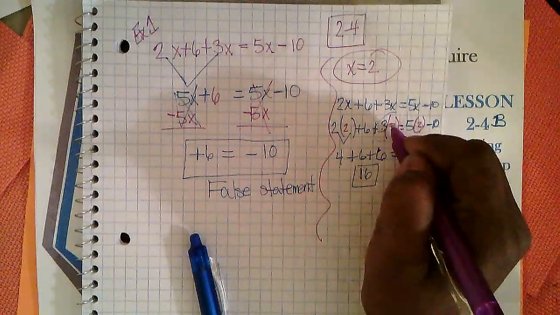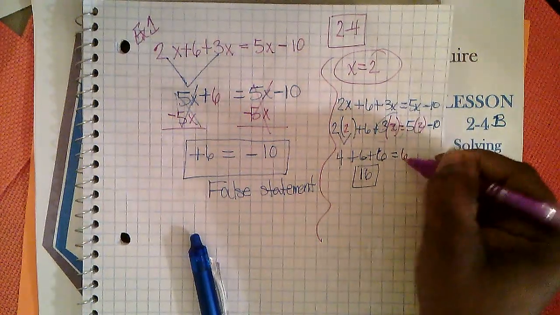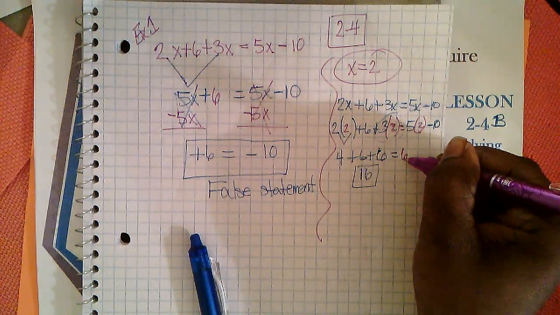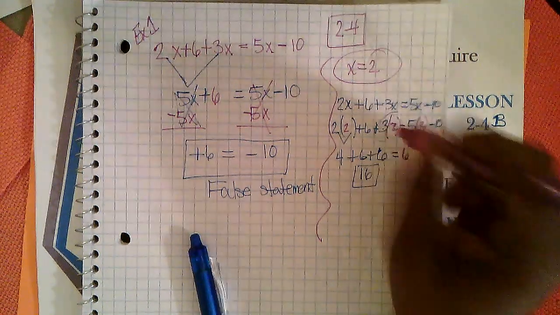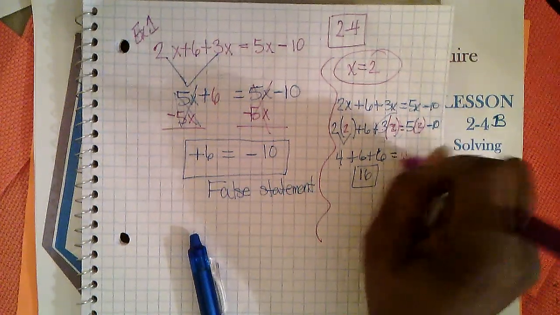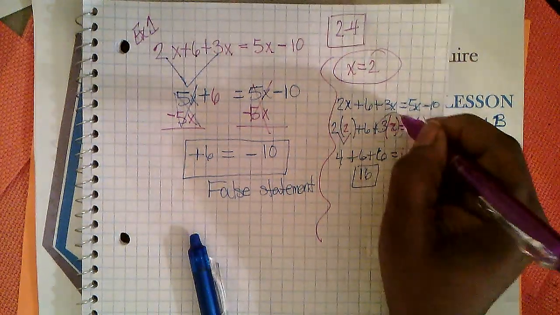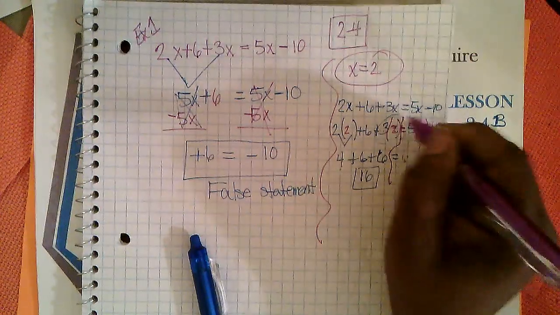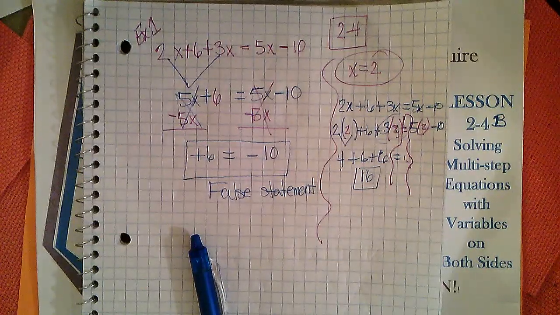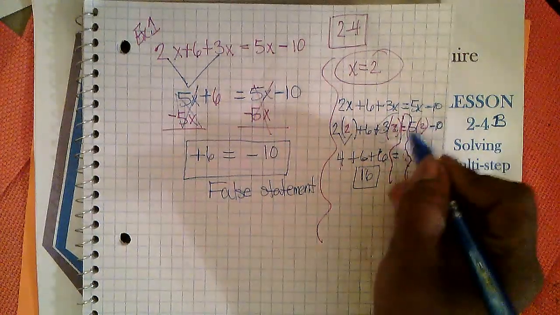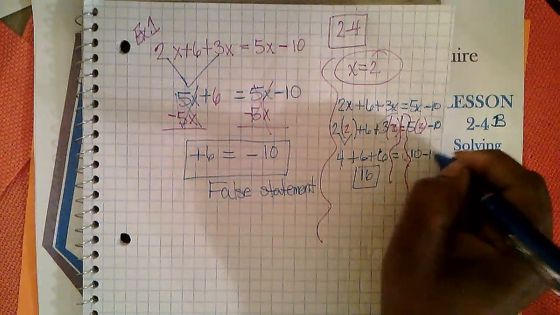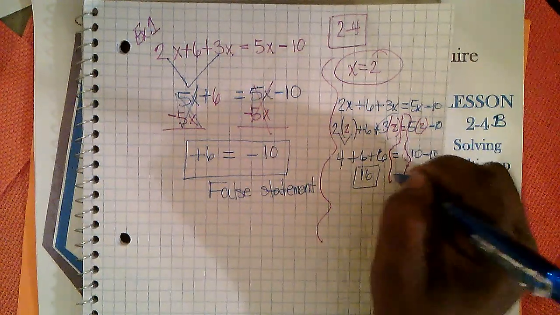Then we have 3 times 2 is 6. Oh, I'm about to mess that up. We already did that. We did that over here. See, that's why I like making these little tracks. 5 times 2 is 10. 10 minus 10 gave me 0.